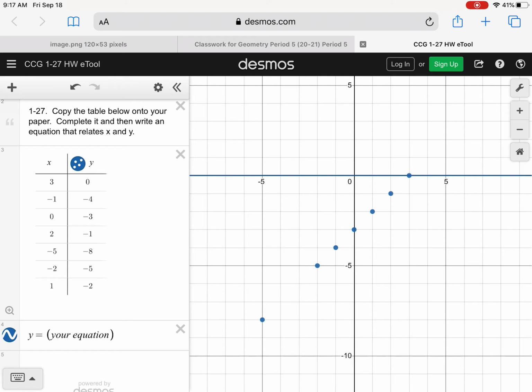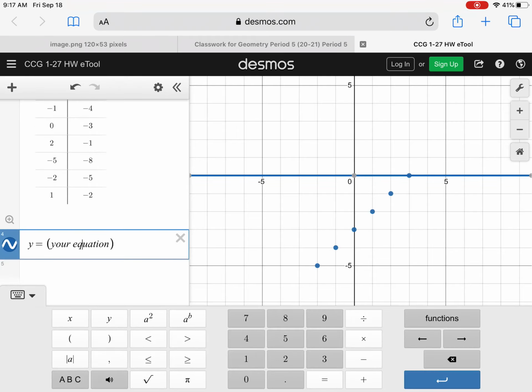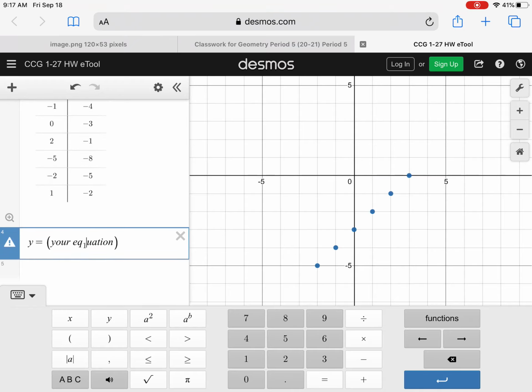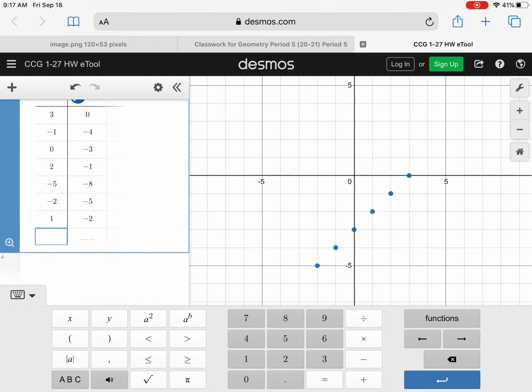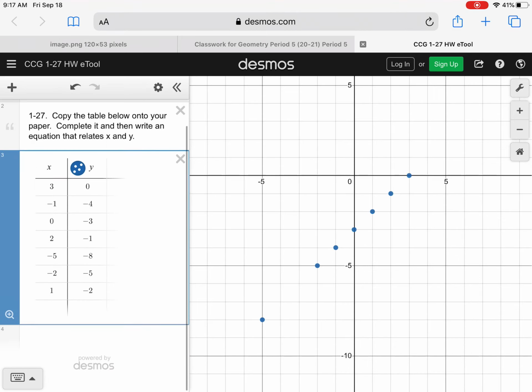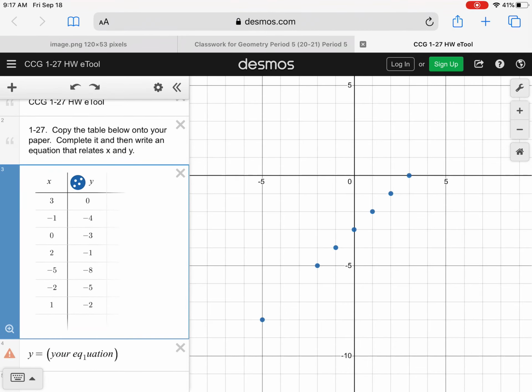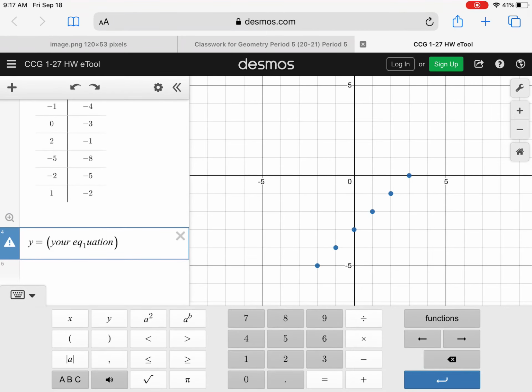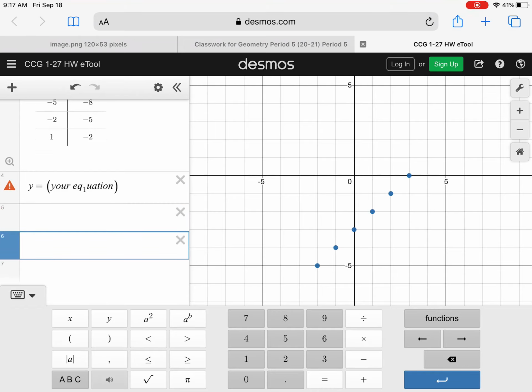And then you can also see that your slope is going to be 1 over 1. So if we write in our equation here inside of Desmos, it's y equals mx plus b, where m is your slope, which we can see is 1. Oh no, it disappeared. There we go. So let's erase that.